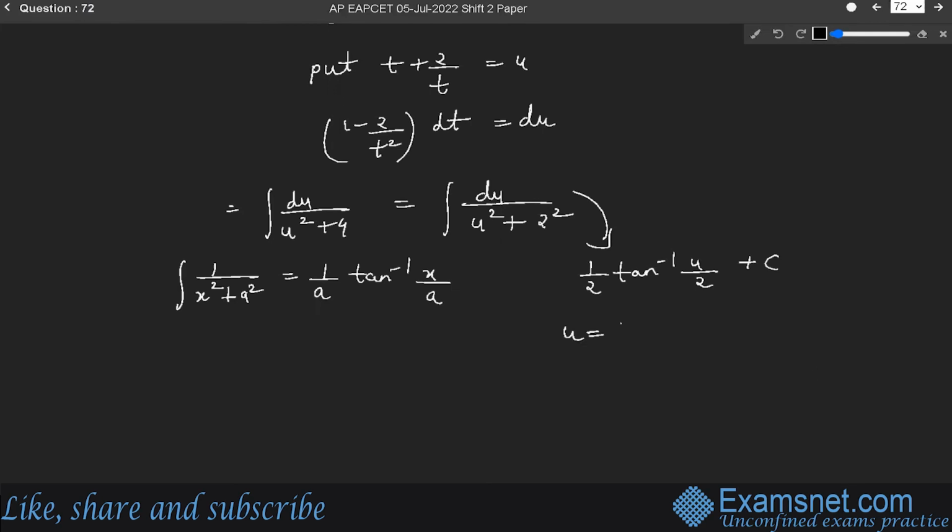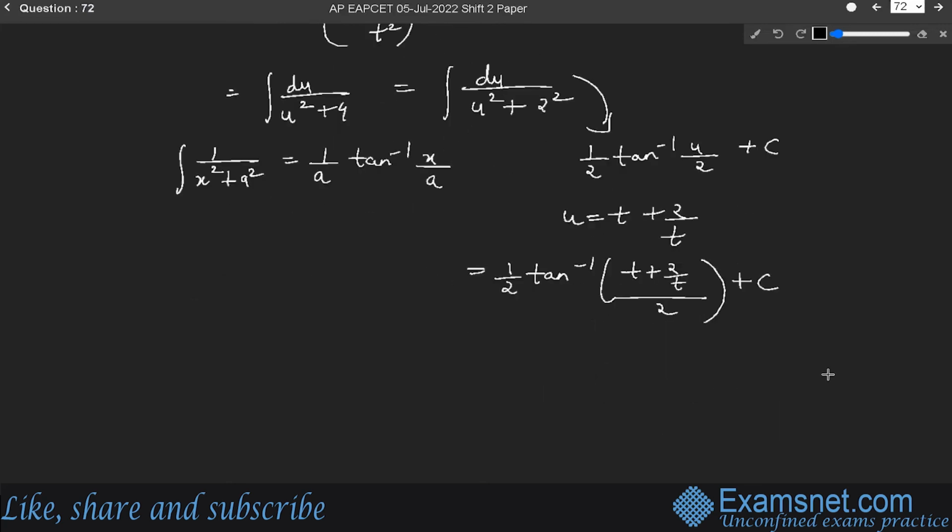We have u is equal to t plus 2 by t. So putting the value here, the expression becomes 1 by 2 into tan inverse of t plus 2 by t divided by 2 plus c. Now, we also have t is equal to e to the power x. So substituting the values here, it becomes 1 by 2 into tan inverse of e to the power x plus 2 into e to the power minus x divided by 2 plus c.